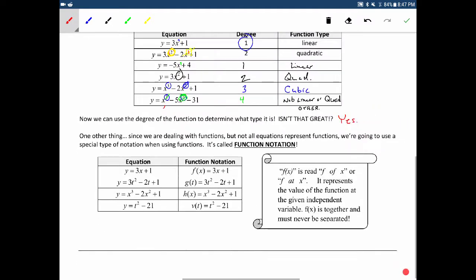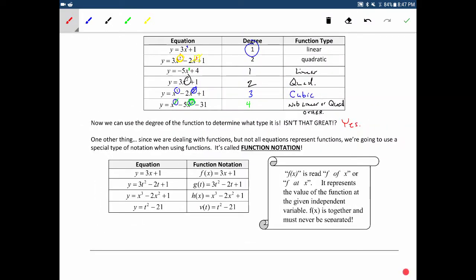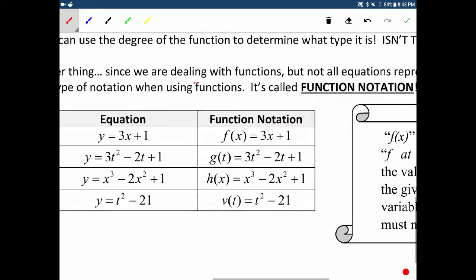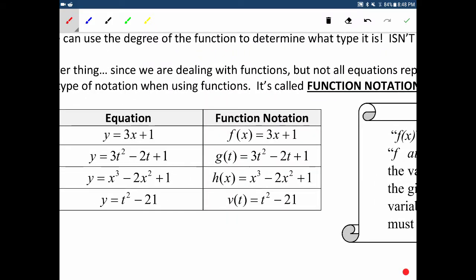So one of the things, since we are dealing with functions, but not all equations represent functions, we're going to use a special type of notation when using functions. It's called function notation. So we already kind of talked about this a little bit on our first lesson. And that's where we have, instead of writing a y here, we're just going to write f of x.